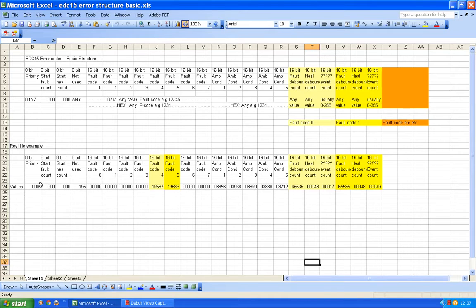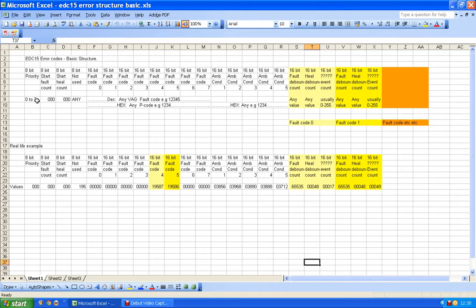Here we have got what's sometimes called the priority. It's a mixture of priority and readiness. It gives a clue as to how important the ECU memory should consider the fault that's arisen.